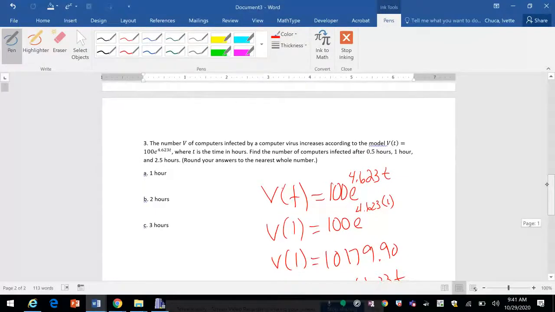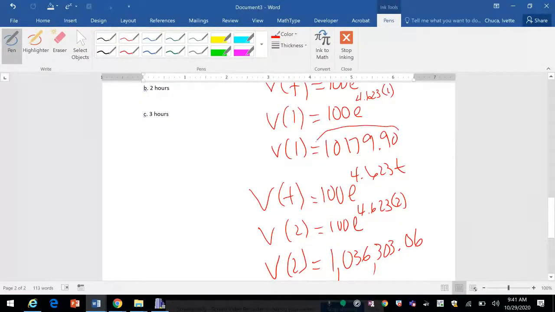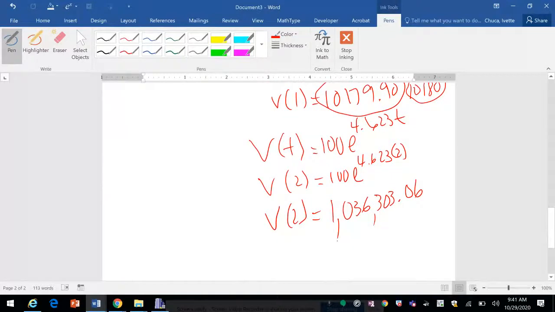And it does say round your answers to the nearest whole number. So for the first one, the nearest whole number would be 10,180. So 10,180. And this one would be 1,036,303.